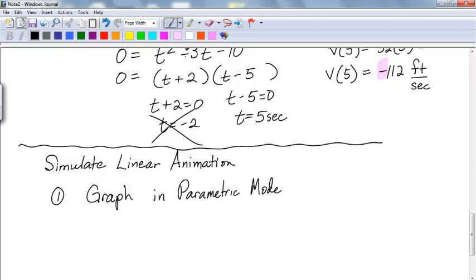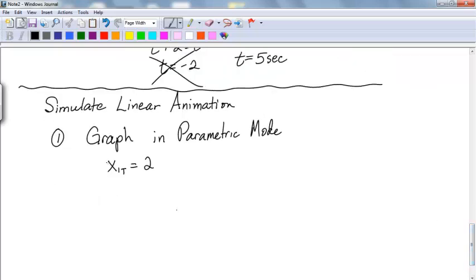Any vertical line, what's the equation for any vertical line? X equals a number, right? So as long as we have x equals a number, and remember these always occur in pairs, if I want to show vertical at x equals 2, then in y sub 1t, I want you to graph 16t squared.